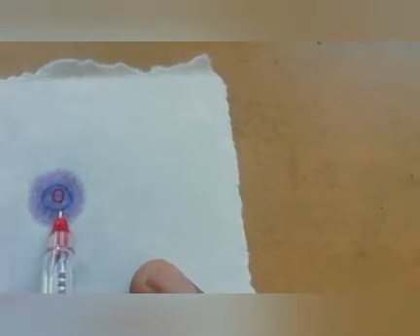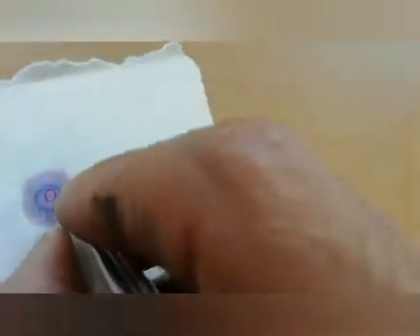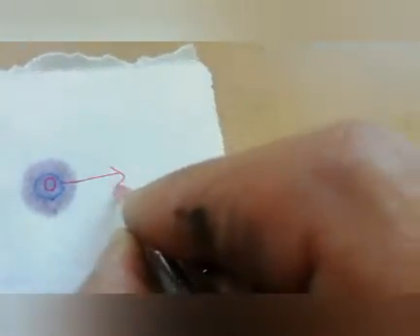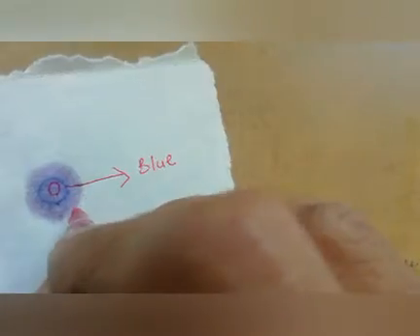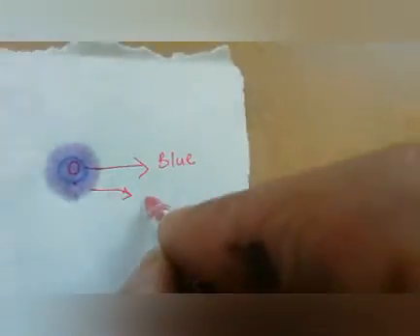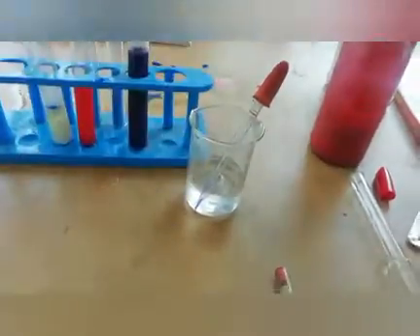It shows that there are two colors. So if you keep it for a little bit longer in the presence of air, then you will get two types of ring. One is blue color, and this is somewhere red color. So it shows that the solution which we made is a mixture of red and blue color.